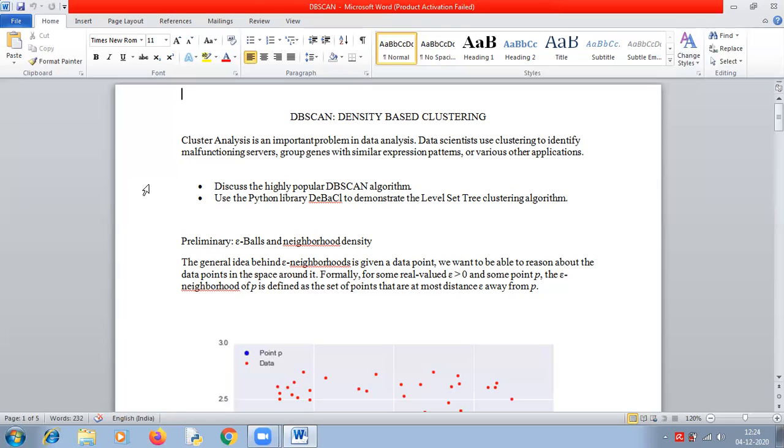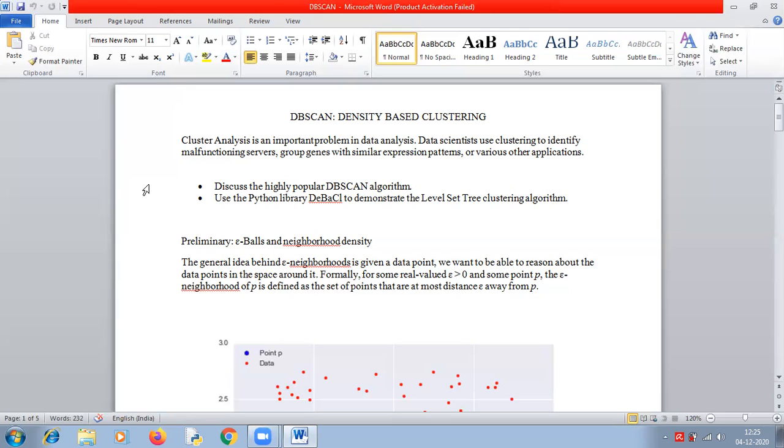In particular, we will discuss the highly popular DBSCAN algorithm. Then we will use the implementation of the DBSCAN algorithm in Python. So let's begin.